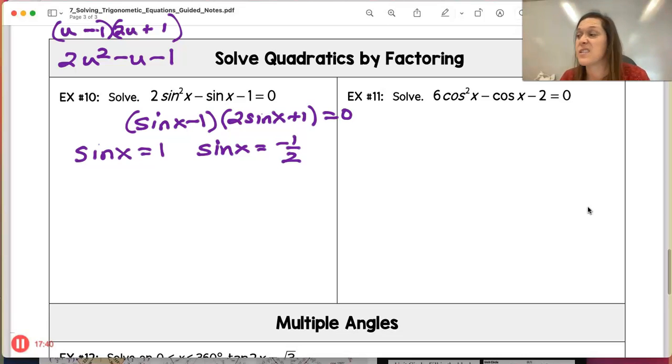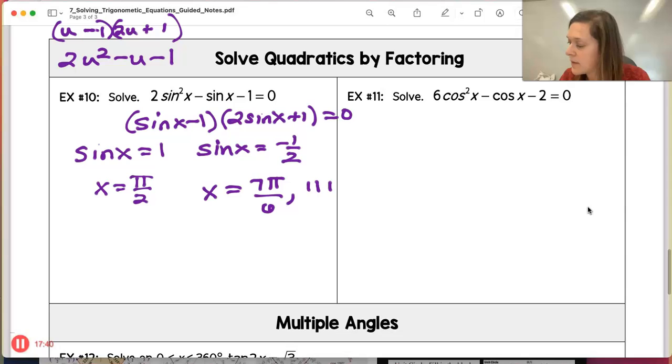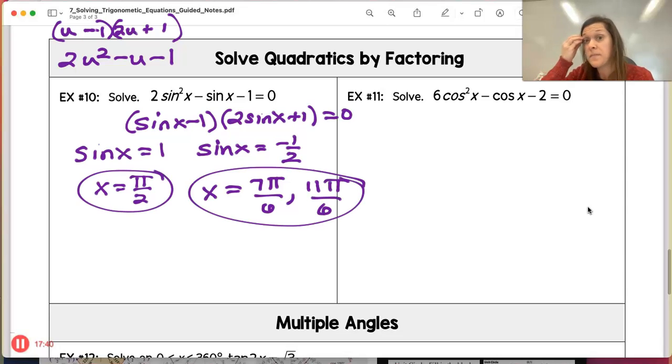Well, that's going to be just at pi over 2, right, at 0, 1. And then where is my y equal to 1? I said that wrong. I think I said x. My y is at 0, 1. Where is our y at -1/2? If you look at your unit circle, you get 7 pi over 6 and 11 pi over 6. So those will be your solutions there.